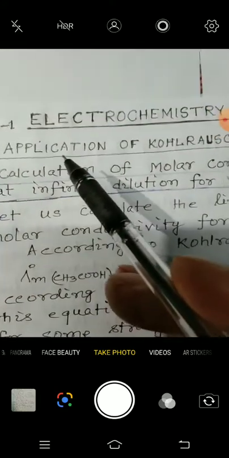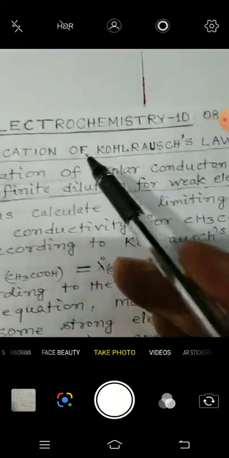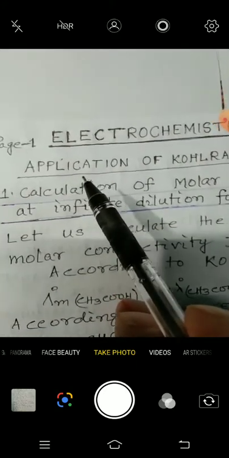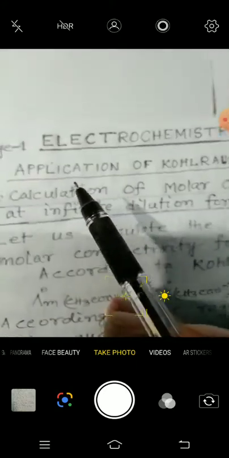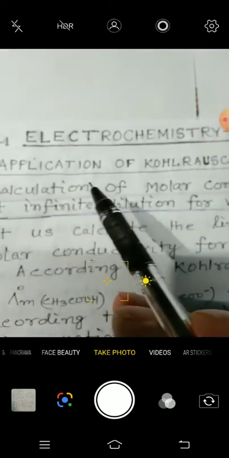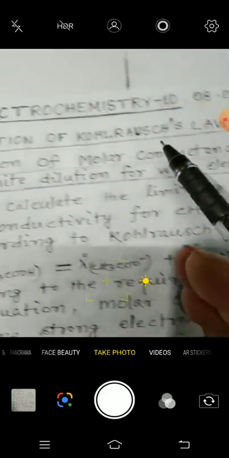Now let us start to study the applications of Kohlrausch's law. So what is the use of Kohlrausch's law? This you can learn under the heading, applications of Kohlrausch's law.